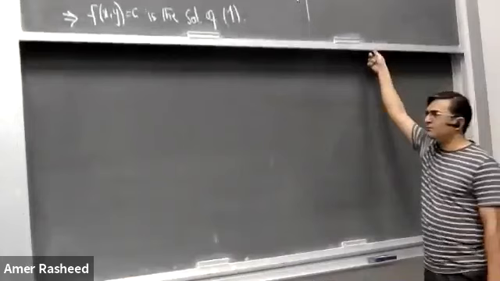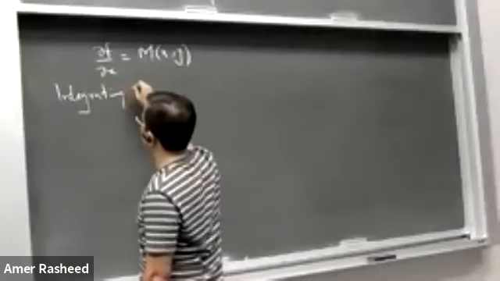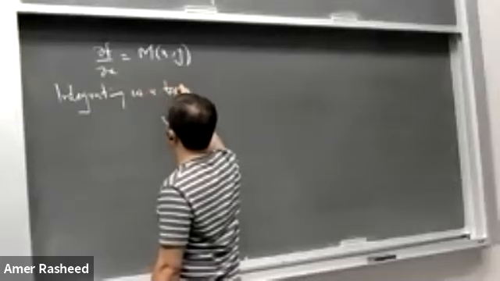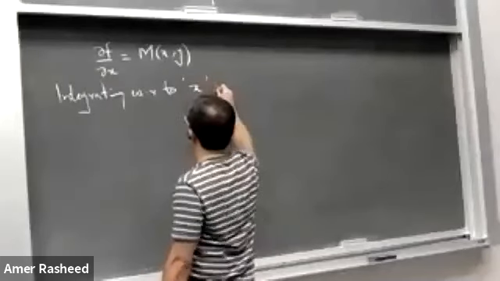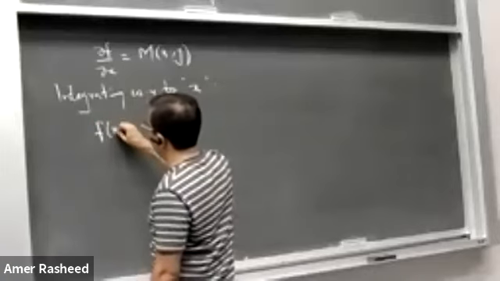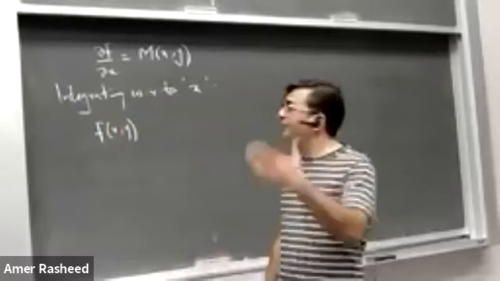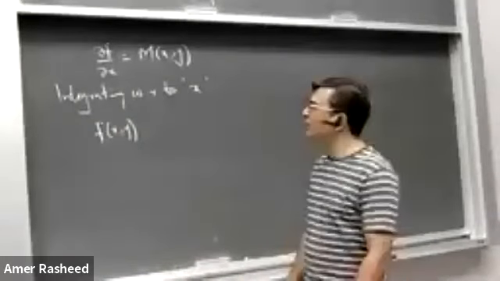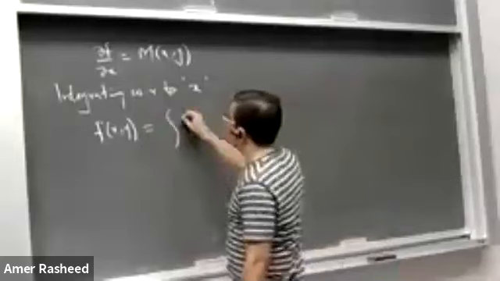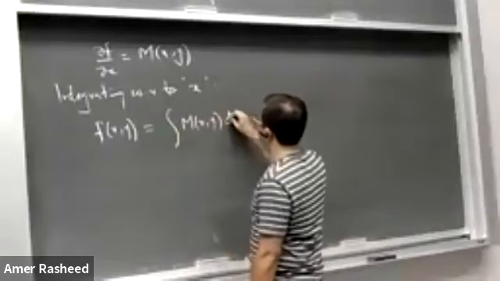If we have partial f over partial x, and integrating with respect to x, we get what? Here we get f of x y, because the left hand side integral and derivative with respect to x will be canceled out, and we get here integral of m of x y dx.